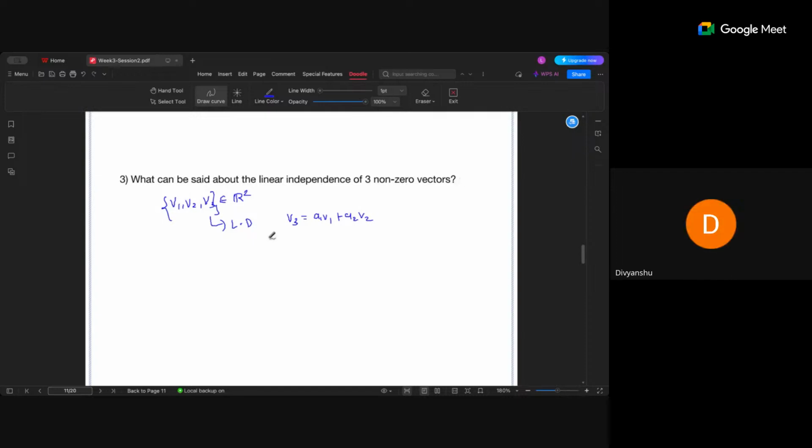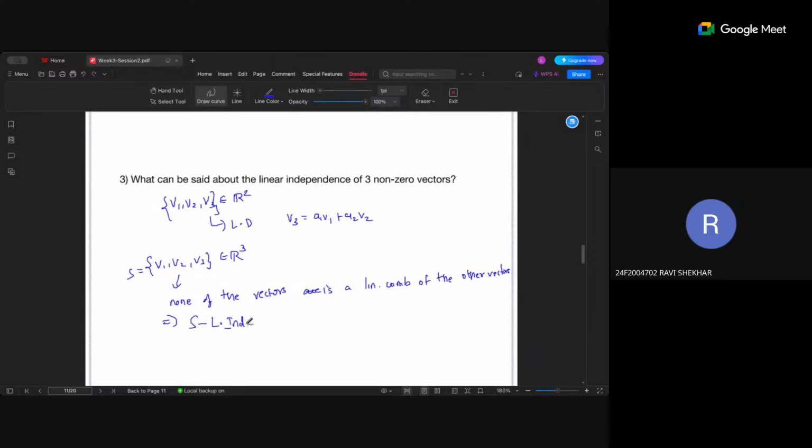So if you are having any three vectors v1, v2, v3 from Rn, such that none of the vectors is a linear combination of the other vectors, then this set S is linearly independent.